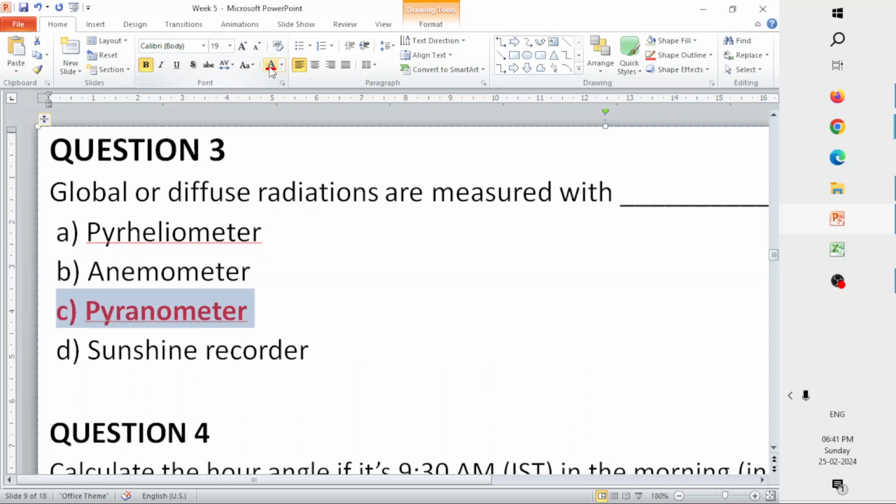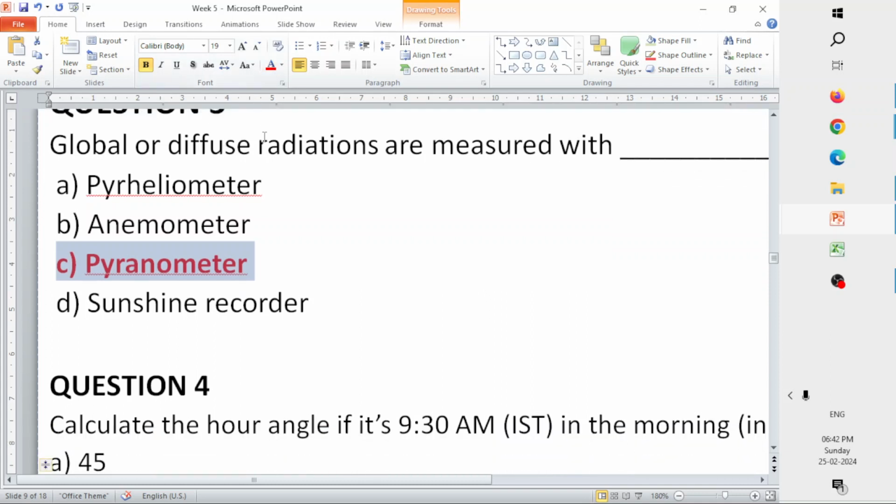IBN is the value we take for pyrheliometer, and IG is the value we take for pyranometer, and we solved the question in the week 2 session. If you want, you can always go and look at that video lecture or the live interaction session. You will be able to know how we solved those questions and how we interpreted the data.